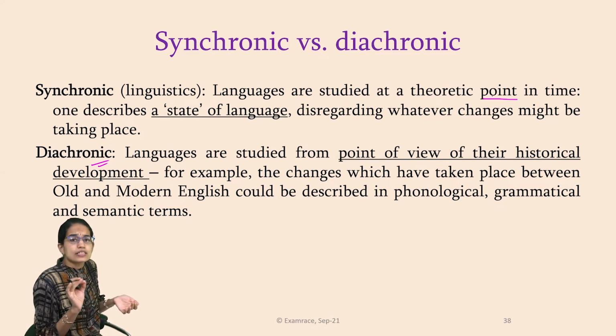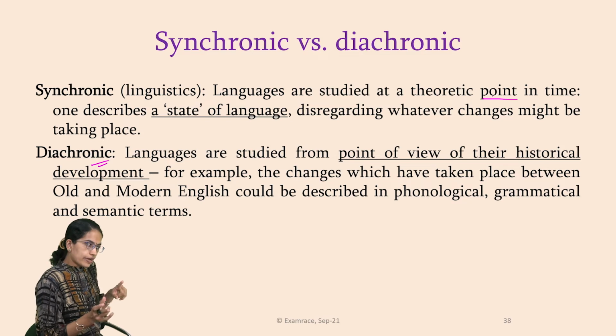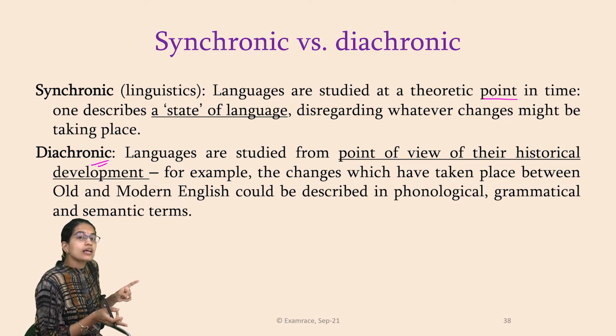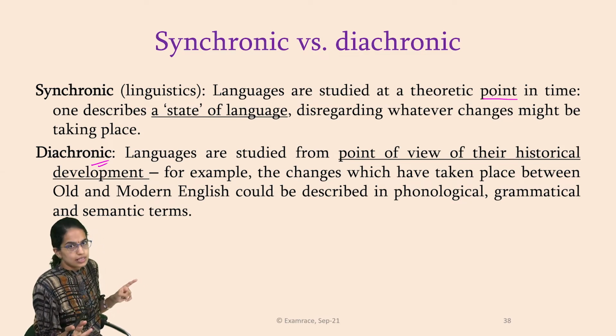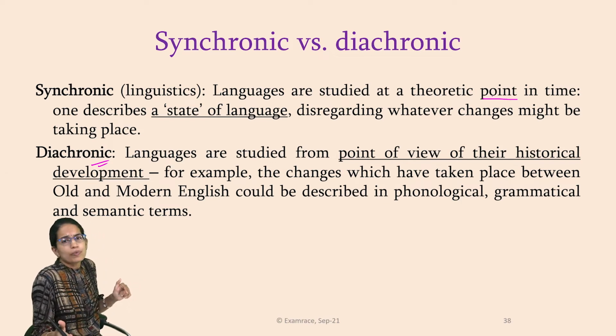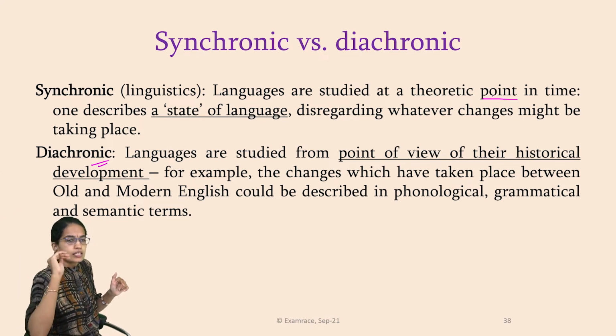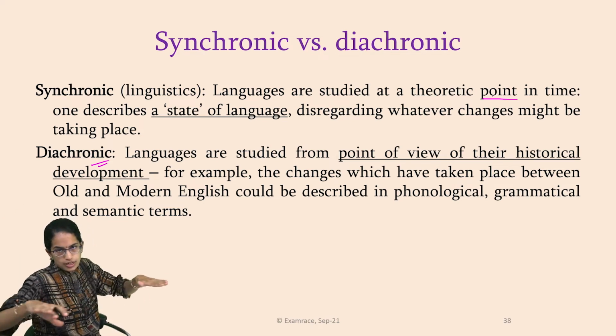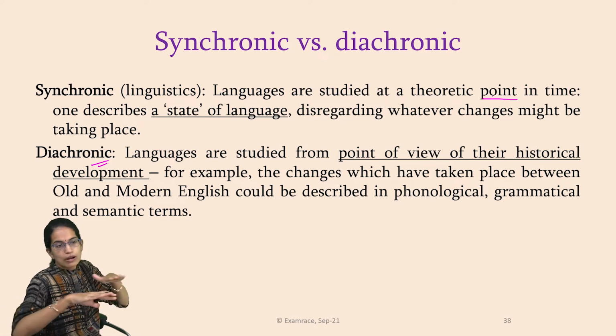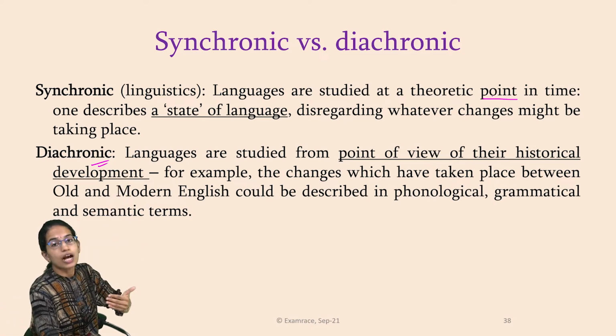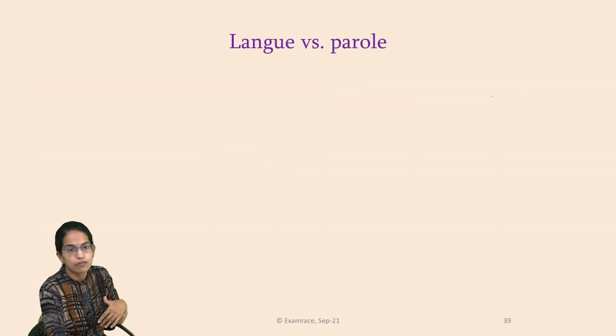And that is synchronic. So language can be speech versus written. It can be descriptive versus prescriptive. Prescriptive is ought to be, how we want it to be. It's an ideological perspective. Synchronic is the theoretical, at this point of time, how the language is. Diachronic, how it evolved as part of history.